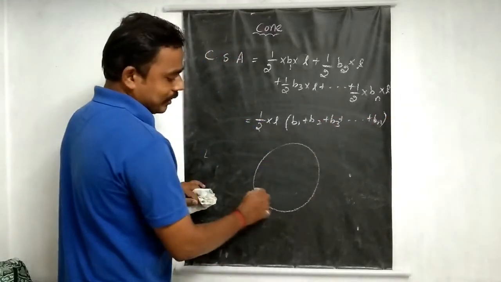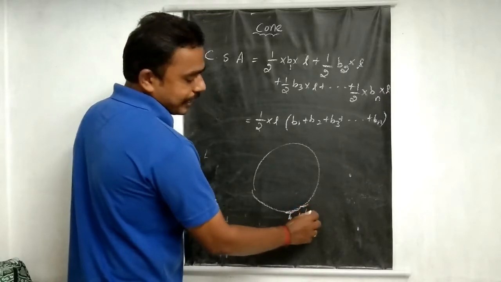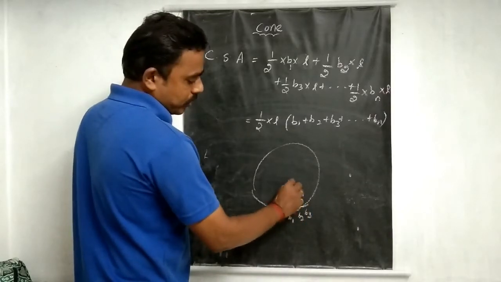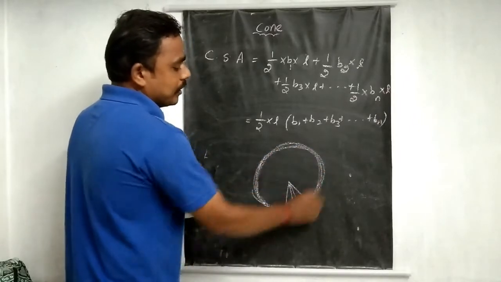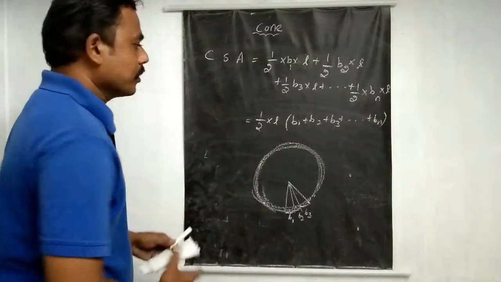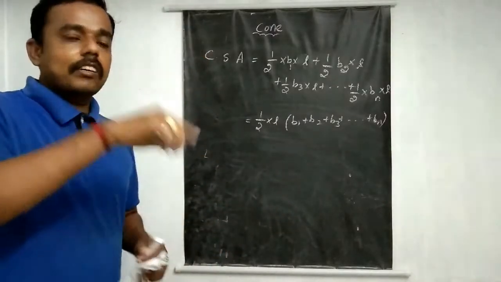In a circle, it's base 1, base 2, base 3, like that, no? So it definitely is nothing but the circumference of the circle. So base 1 plus base 2 and so on, that distance is the circumference of the circle.